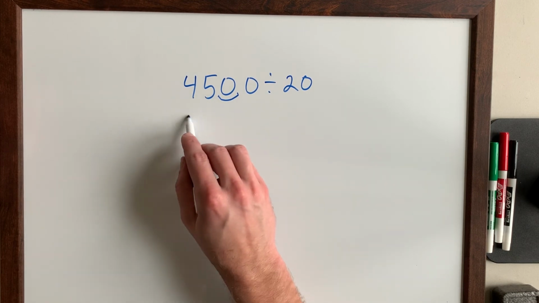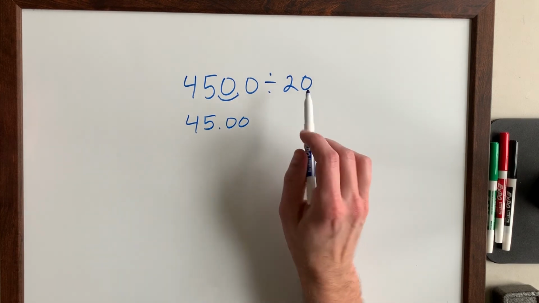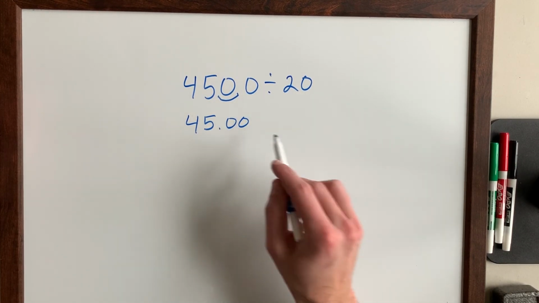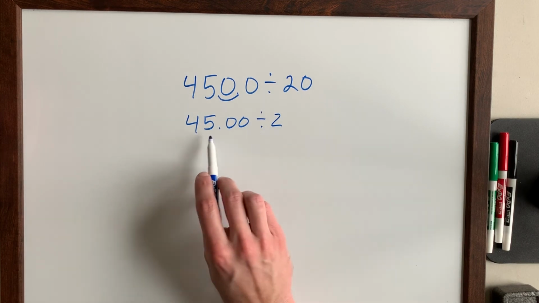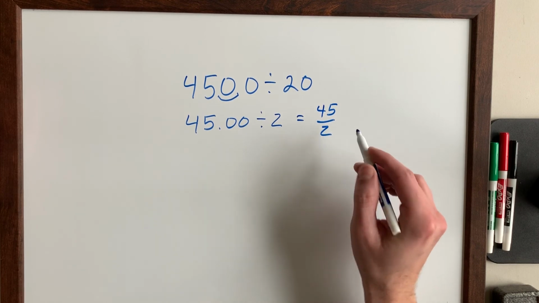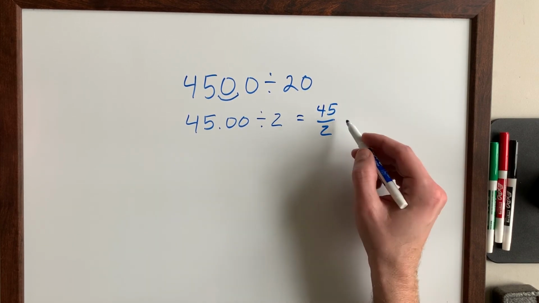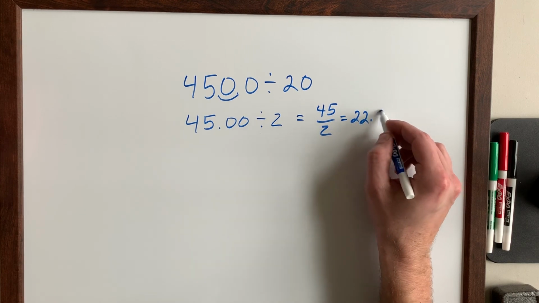I can still do that, and I get 45.00, but now because this is not a 1, we need to keep that, divided by 2. So my final answer, this is really 45 divided by 2, and you can either leave it as an improper fraction, or you can write it as 22.5.